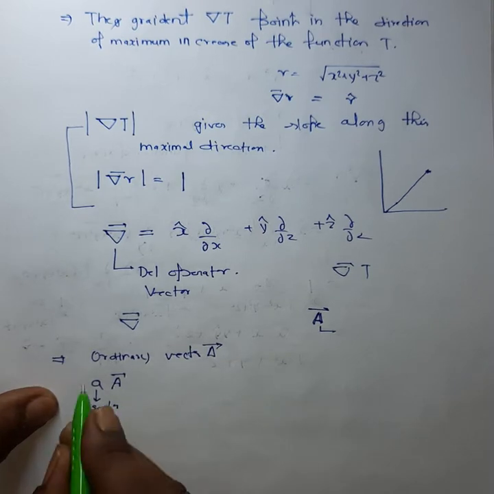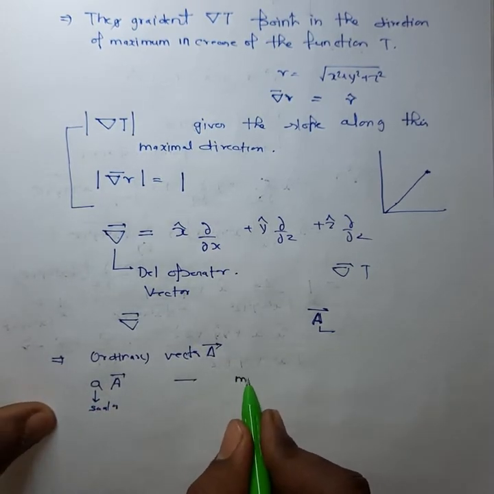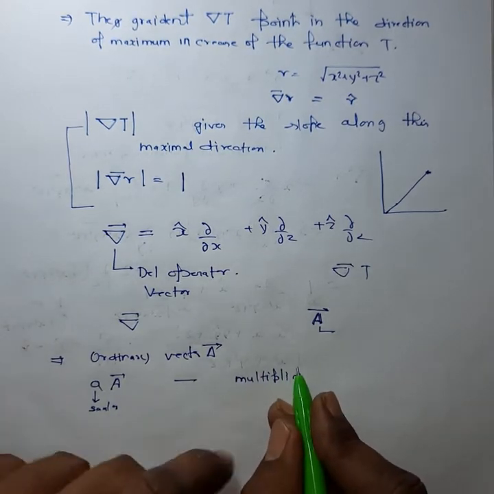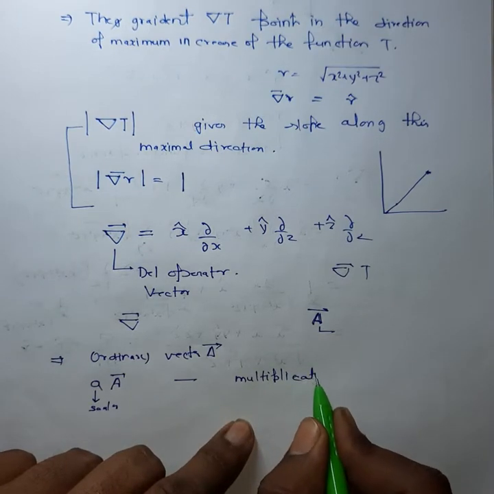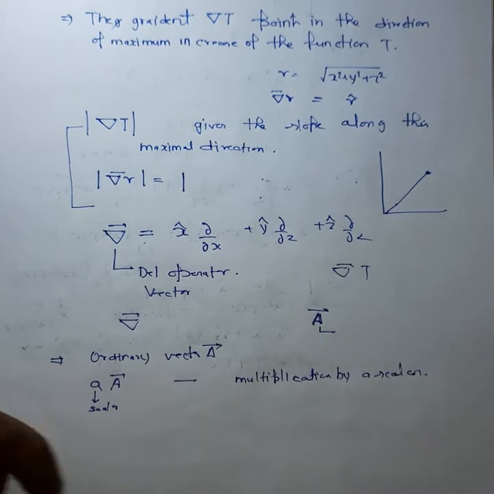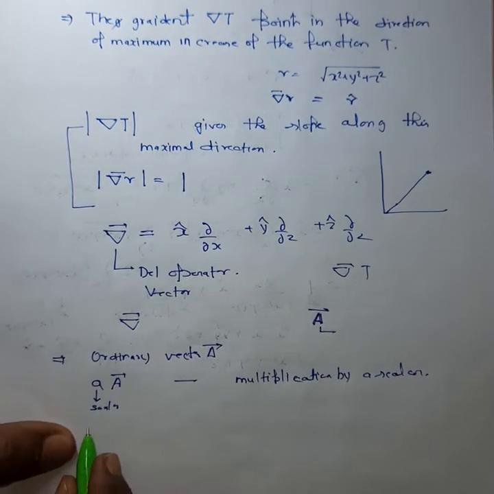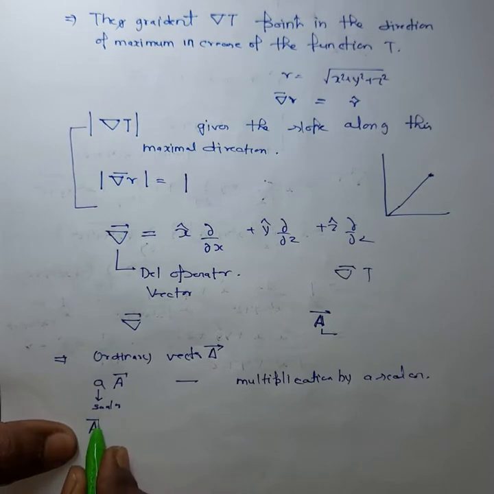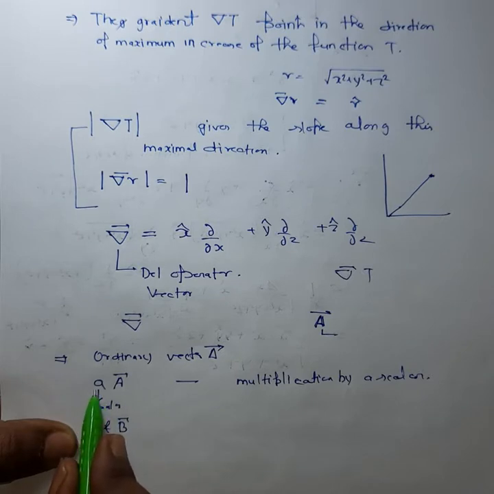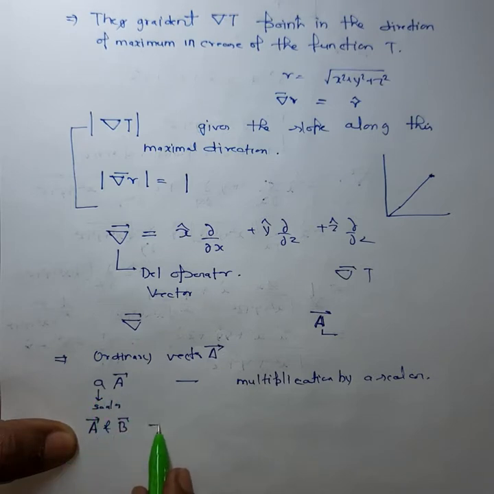Multiplication by a scalar. If you multiply with a scalar, it will look like this. But if there are two vectors, a vector and b vector, you can multiply these two vectors in two ways.